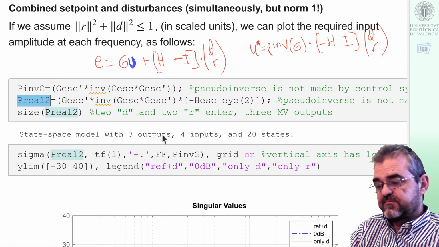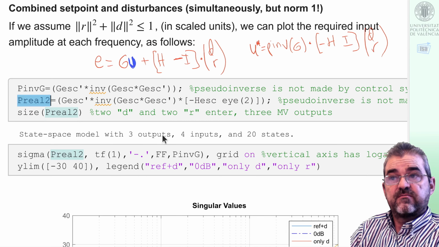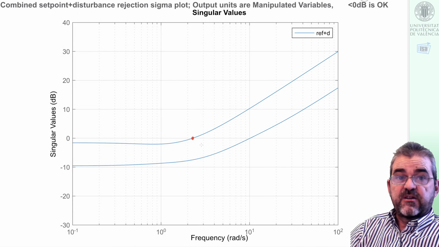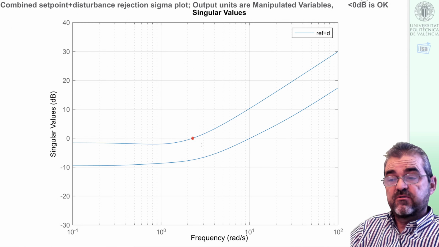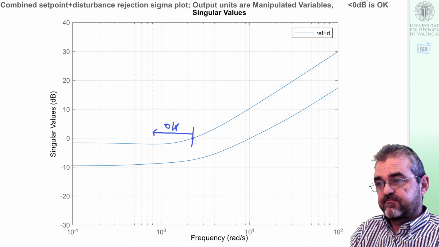So if I draw the singular value frequency plot, sigma, then as my output now is in input units, the input must be lower than 1, so this will be the closed loop bandwidth in which combined set point plus disturbance rejection tasks will be feasible without actuator saturation.